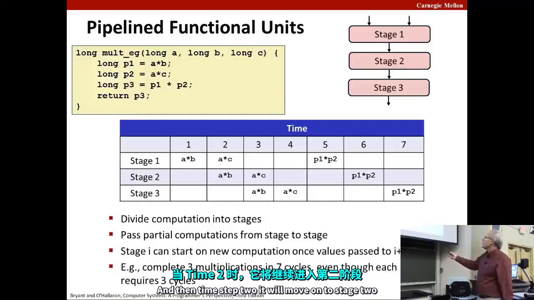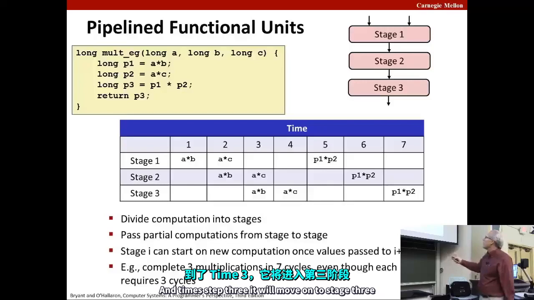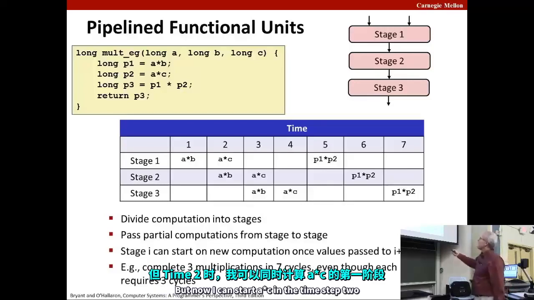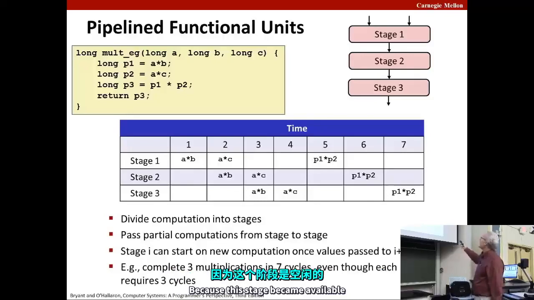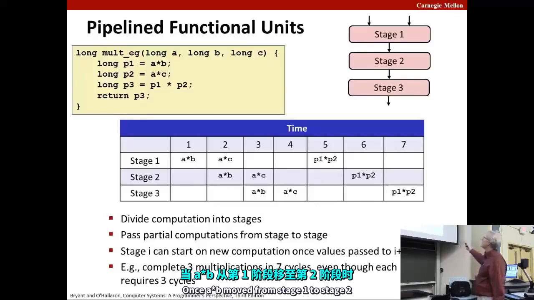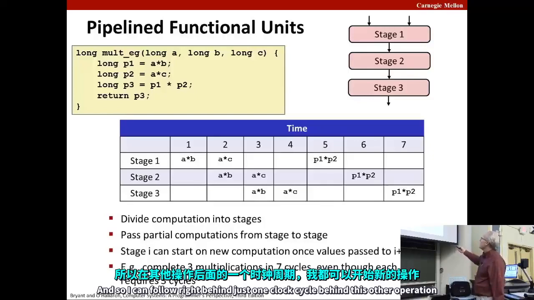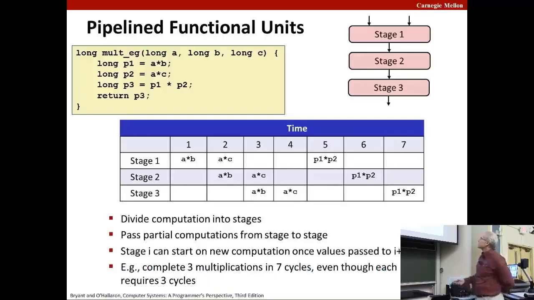Then on time step 2, it will move on to stage 2, and on time step 3, it will move on to stage 3. But now I can start A times C in time step 2, because this stage became available once A times B moved from stage 1 to stage 2. So I can follow right behind, just one clock cycle behind the other operation.